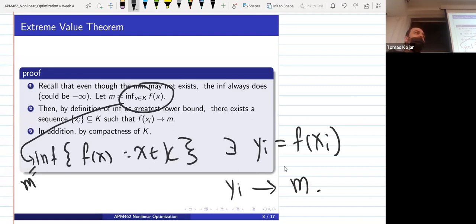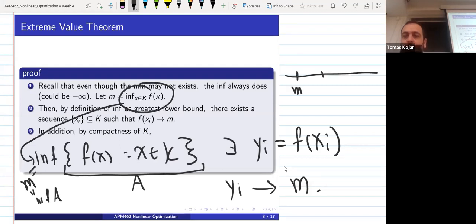Is that a big jump? Shall I explain? Is that okay? I can explain, you can just tell me. So again, this is a set from before, we called it A, and this is the infimum of A. And the definition of infimum is that you can find points, call them yi equal to f of xi, that go to M from the right.